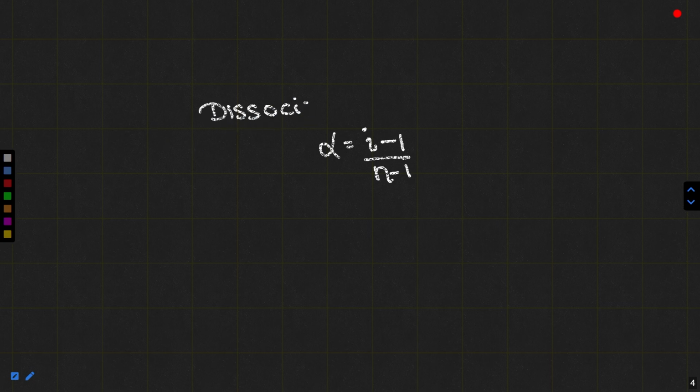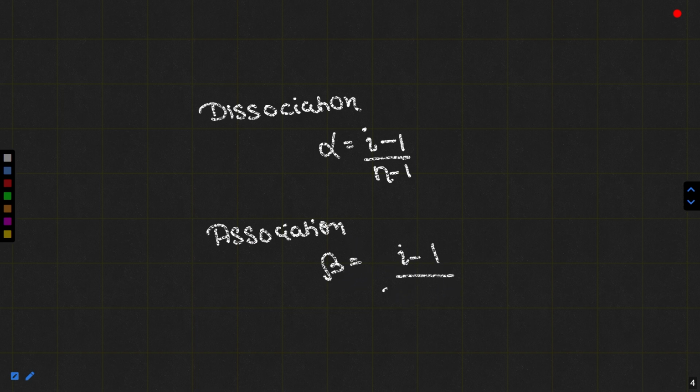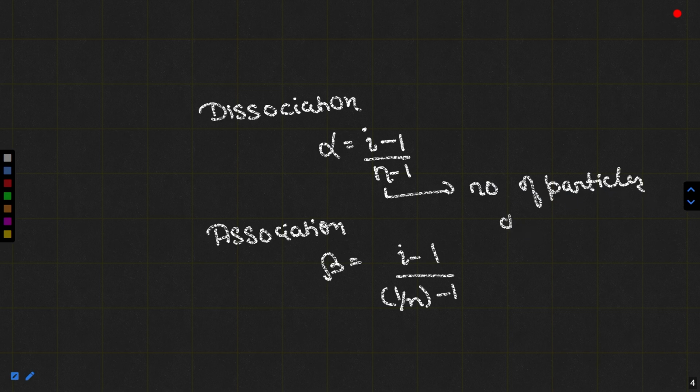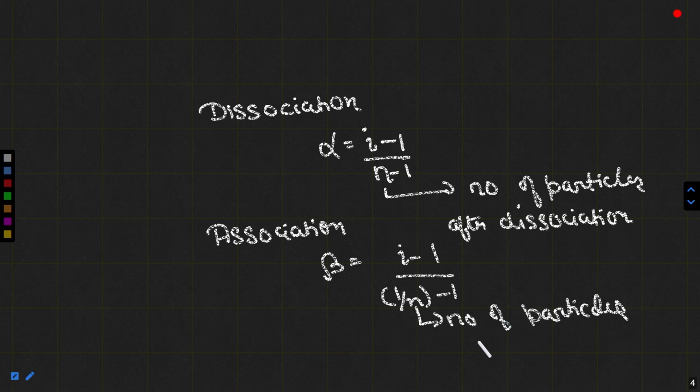For association, if I represent it by beta instead of alpha, it will be (i minus 1) by (1/n minus 1), where n is the number of particles after dissociation, and here the number of particles getting associated.